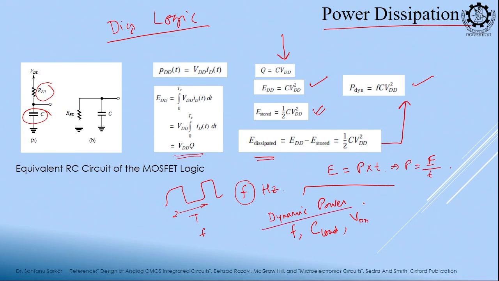So, if I want to reduce my power dissipation, which parameters should I try to reduce? Any of these. Okay. So, if you have a higher VDD, you can lower the VDD. If you have a higher operating frequency, you can lower the frequency. If you have a bigger MOSFET, bigger size means bigger capacitance, you can reduce the size.